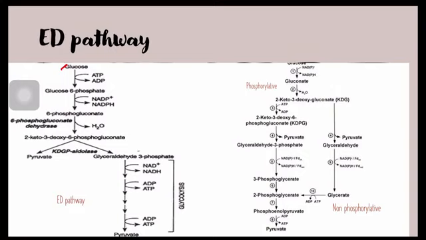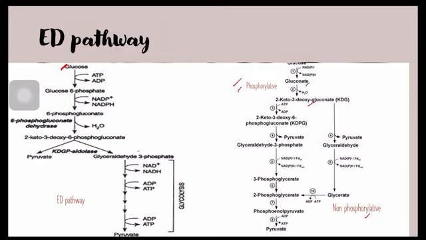So this is the general pathway. The modified form of the ED pathway has either a phosphorylative or non-phosphorylative version. Here the glucose is oxidized to gluconate and dehydrated to KDG, 2-keto-3-deoxy-gluconate.